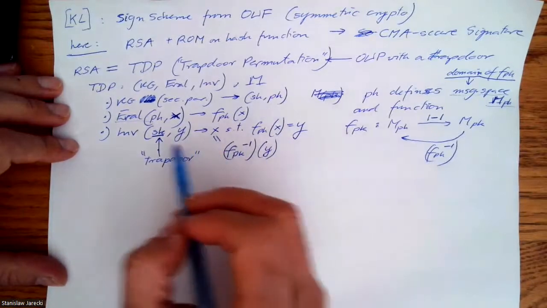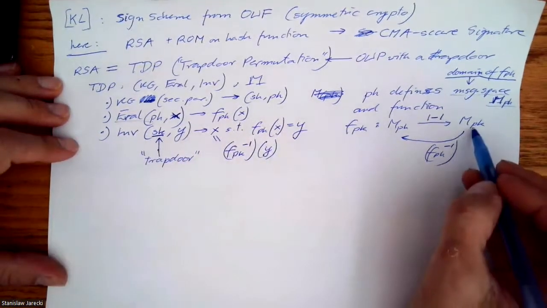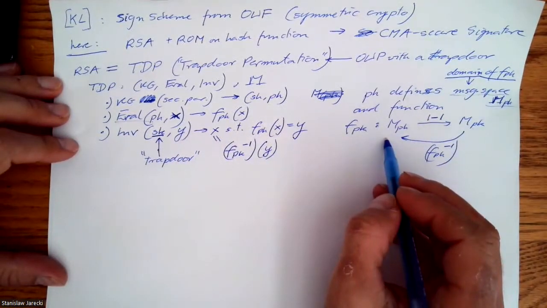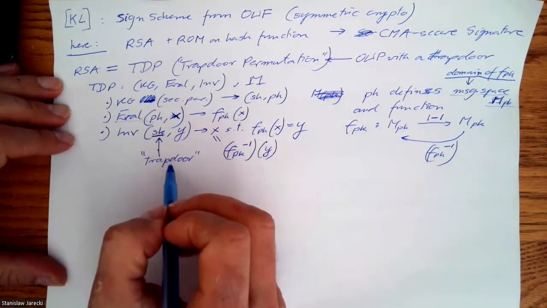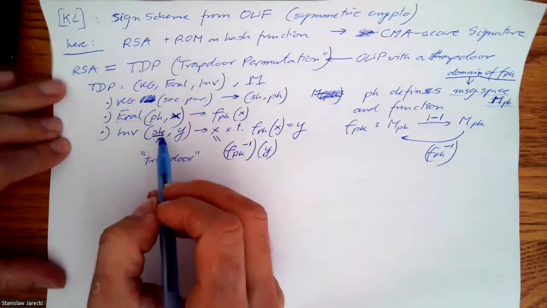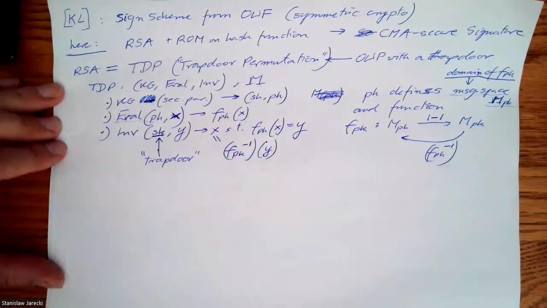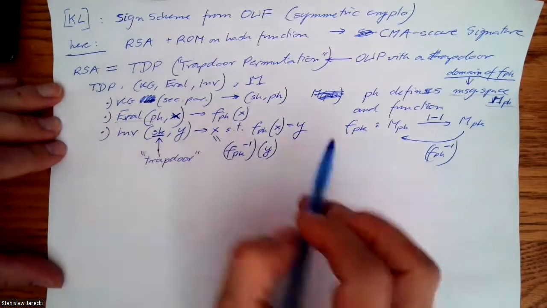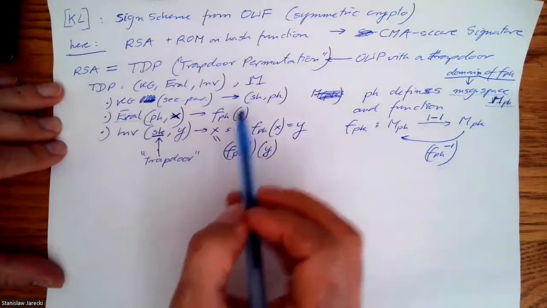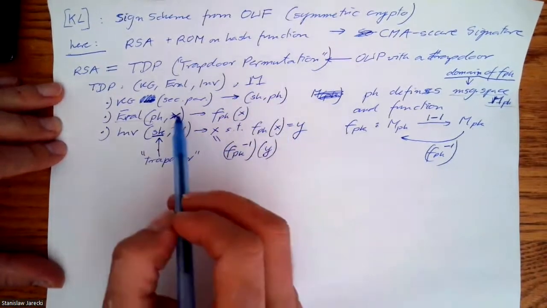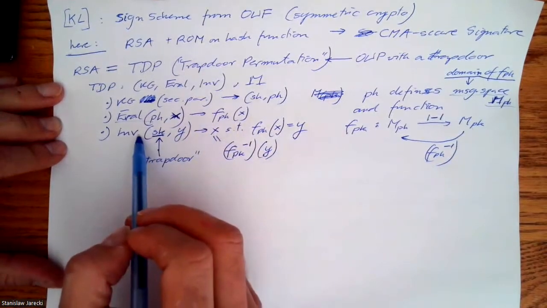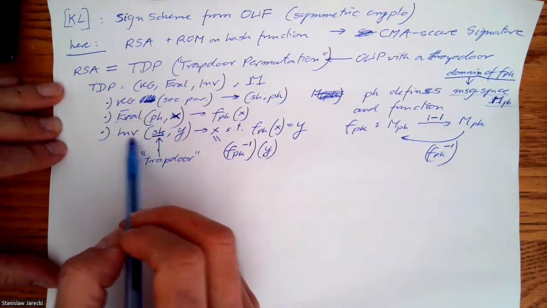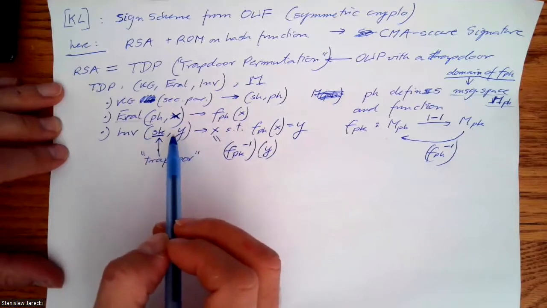But in order to evaluate the function backward, in other words, to evaluate the inverse of the function, I need special information called a trapdoor, which here I simply designate as a secret key. The correctness is, of course, if you generate this correctly, that if you evaluate it forward on eval, then if you evaluate it backward using the inverse, you're getting the same thing.